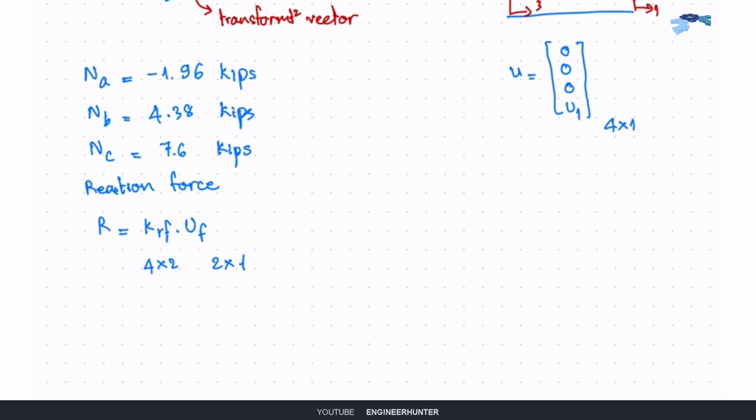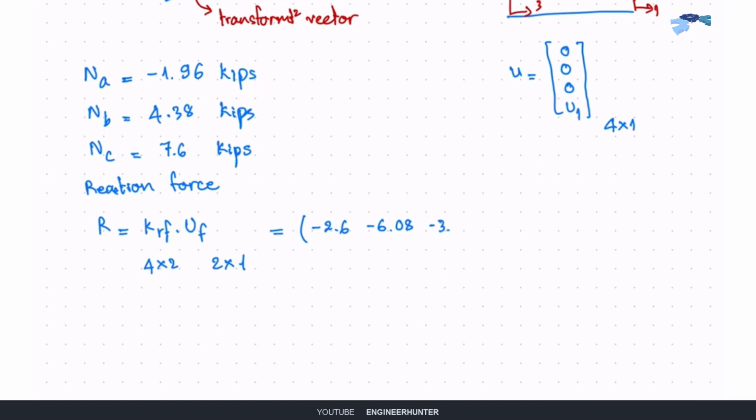So the result here will be the vector 4 by 1, and the result is the number here.